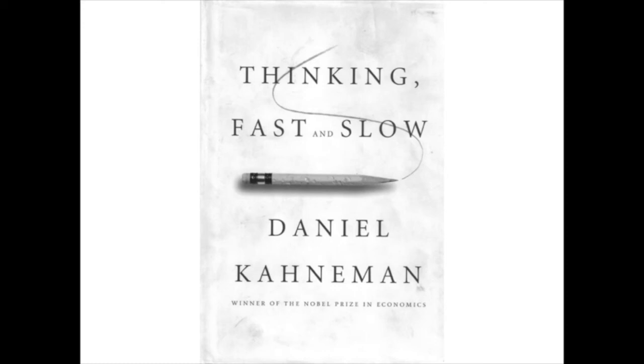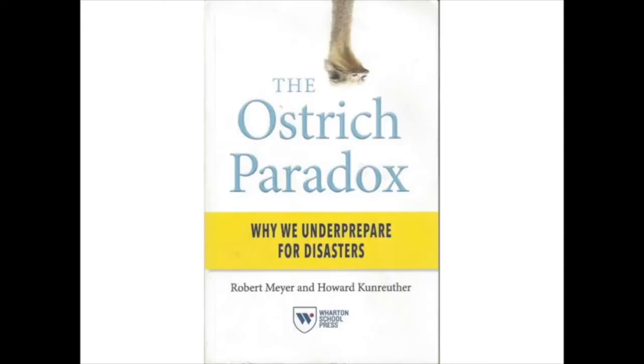This is the book that I mentioned, in which Kahneman defined not only heuristics, but also our system 1, system 2. Another one here that I've just been recently reading, came out this year, Why We Prepare for Disasters. And this has a lot of topical things in it right now. So those are some background reading on how we screw up things.